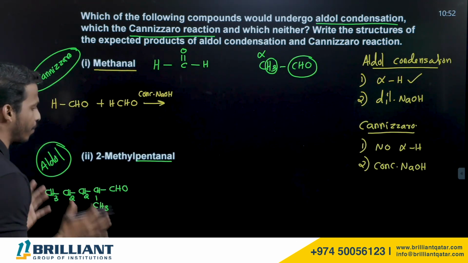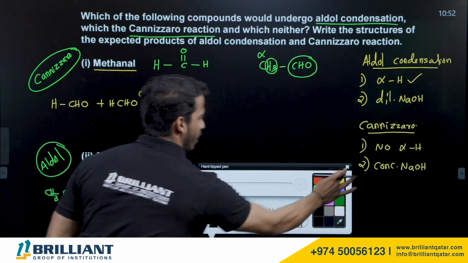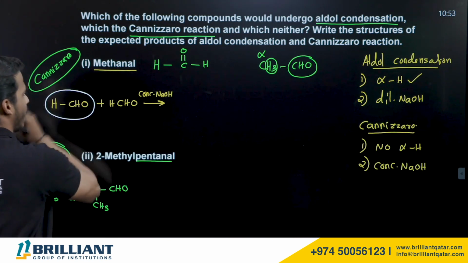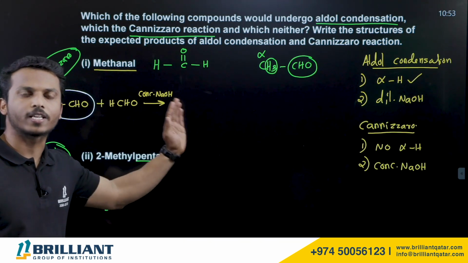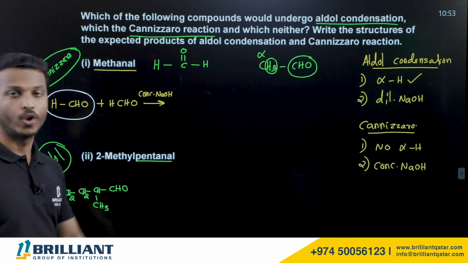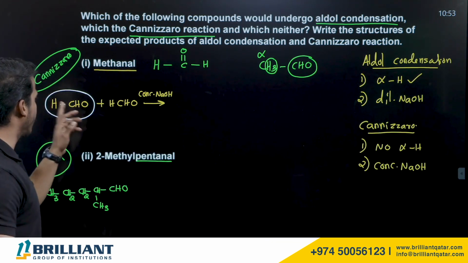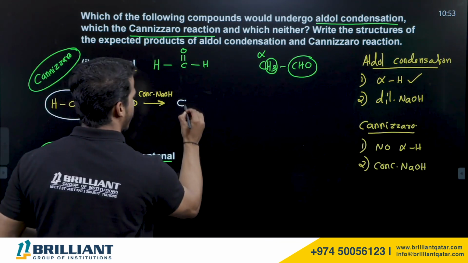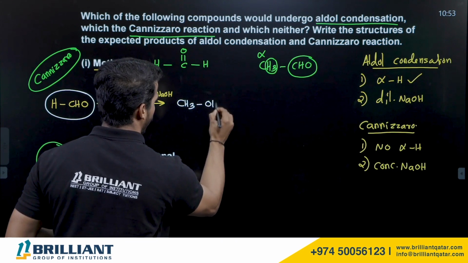It is very simple to write the product, dear all. Listen carefully. The first aldehyde you convert into its corresponding alcohol, with no change in carbon. It contains one carbon, so what is the one-carbon alcohol? Methanol.